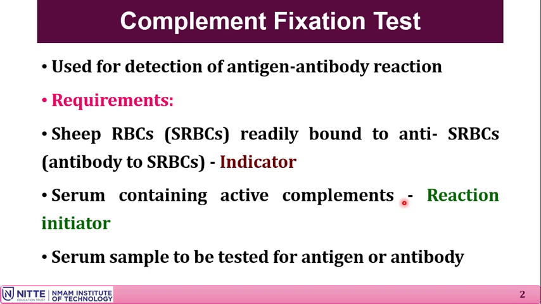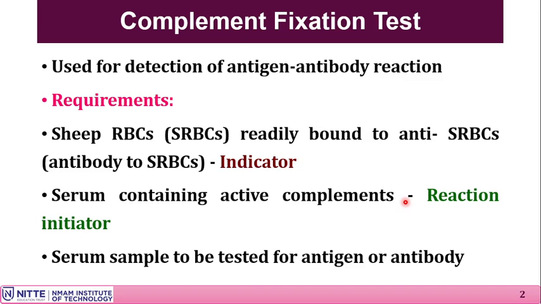And here you require sheep RBCs readily bound to anti-sheep RBCs. Anti-sheep RBCs can be produced by injecting the sheep RBCs into other animals like rabbit or horse or goat.